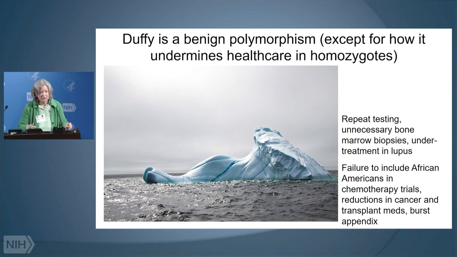What it's doing at the level of transplant, people are looking at, but it's not anything good. I can tell you that now. How bad it is, we are still looking at. But you can see it even in the rates at which African Americans ended up having burst appendices, because many of the rubrics for when you should do surgery to keep the appendix from bursting required reaching a certain high white cell count that Duffy homozygotes will not get to.